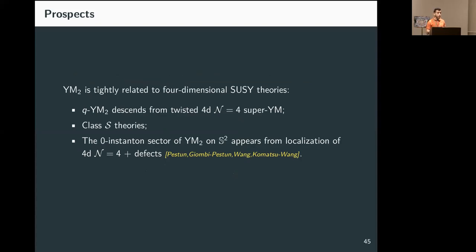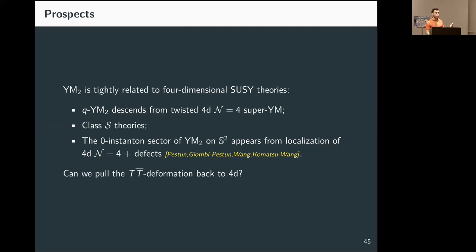We have also seen that it appears in theories of class S, and also Yang-Mills, the ordinary Yang-Mills in 2D, appears from localization of N=4 theories with defects. It was already discussed yesterday. So we may ask what happens if we turn on TT-bar on the 2D side, and if we are able to pull back the deformation to 4D. It's a hard problem, but hopefully we may start to understand this.